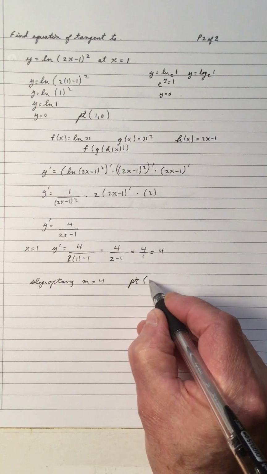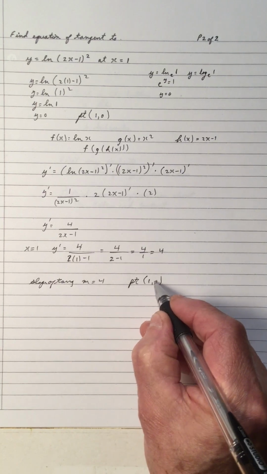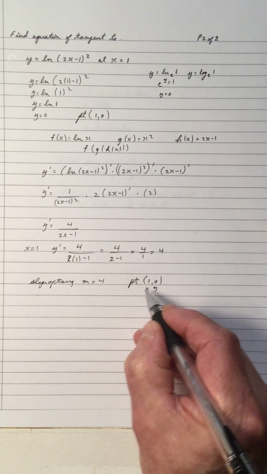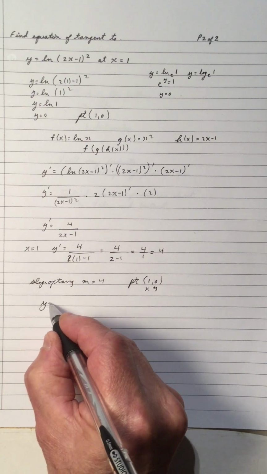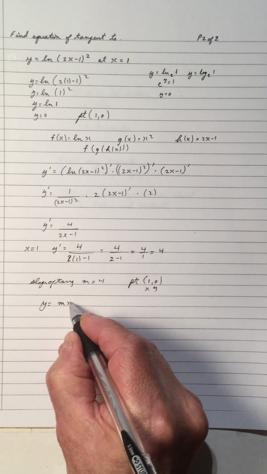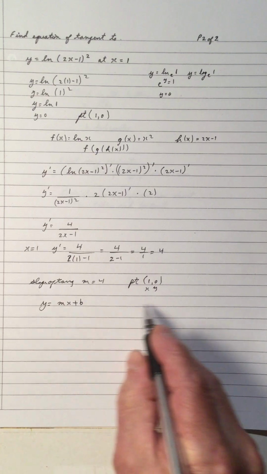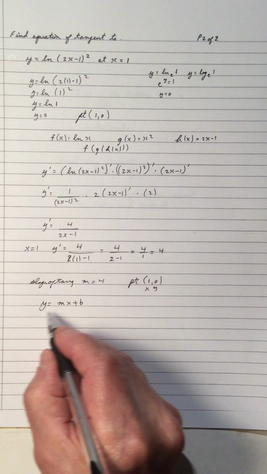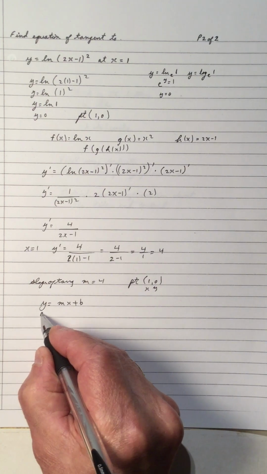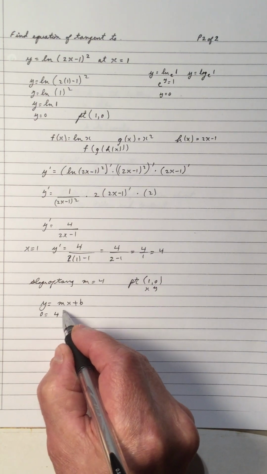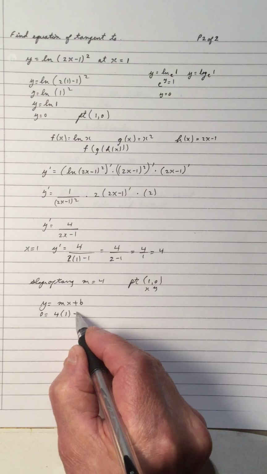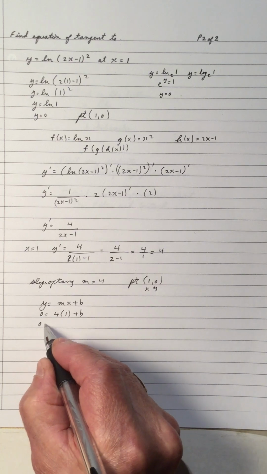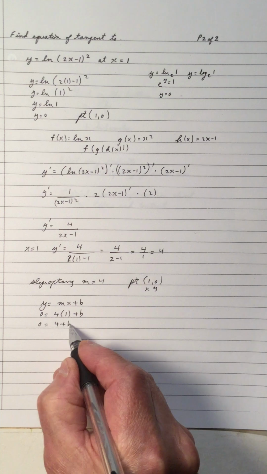We have the slope of the tangent, and we have our point, which is 1 comma 0, so that's x and y. So the equation y equals mx plus b. We have our slope, but we need the y-intercept. So y is 0, slope is 4, x is 1. So 0 equals 4 plus b.